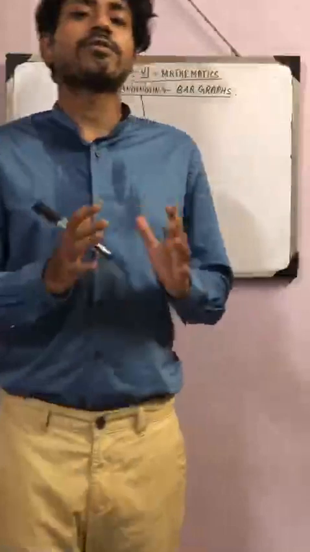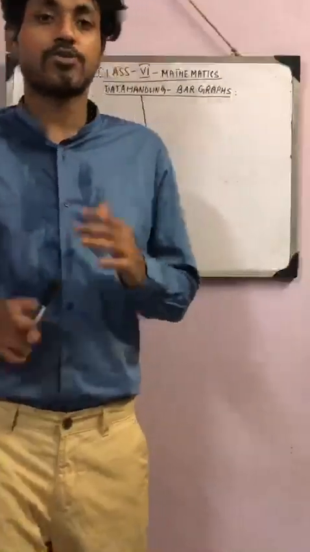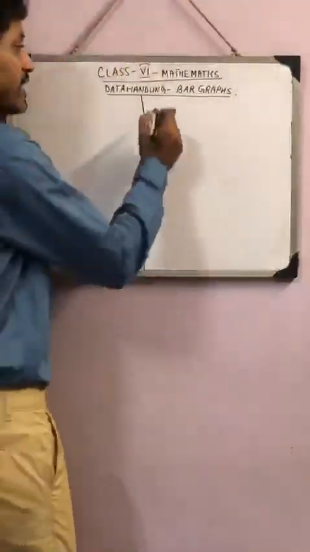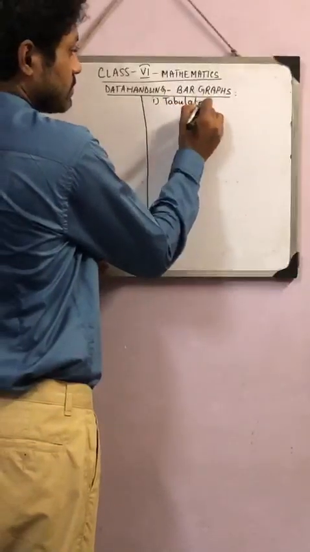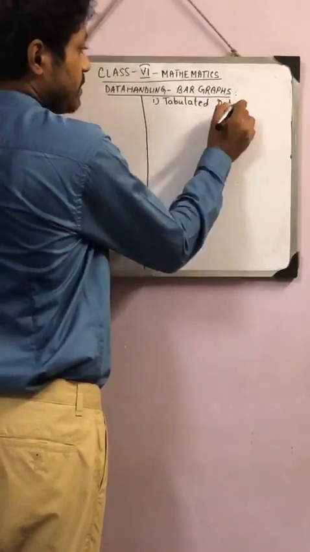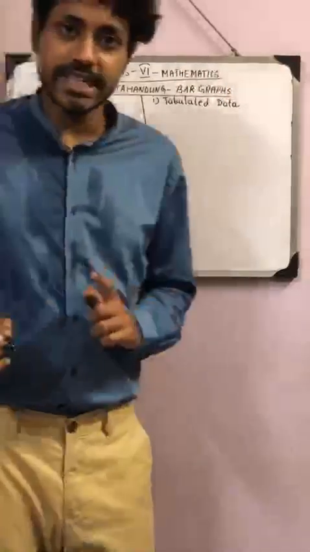You've probably read in your lesson plans. What is a bar graph? A bar graph is a rectangular column or a set of rectangular columns representing certain data. So the first requirement for a bar graph is tabulated data.